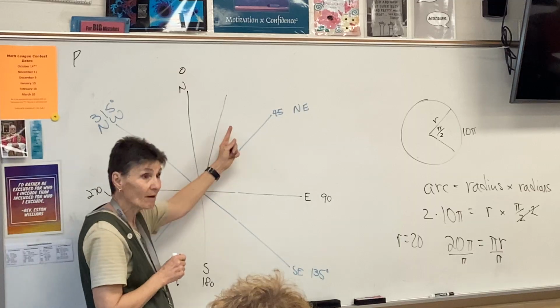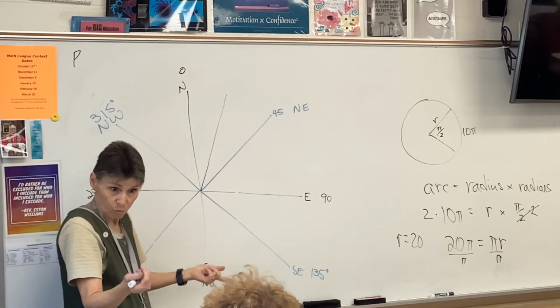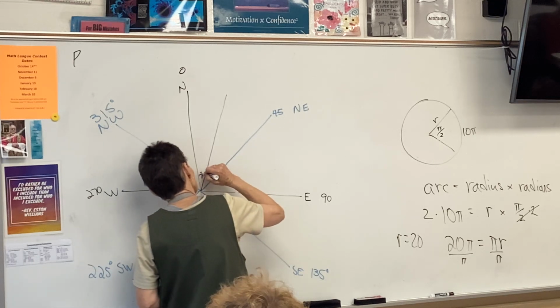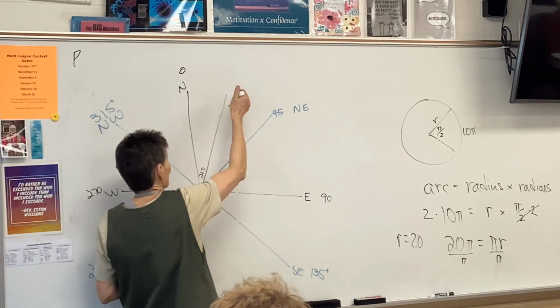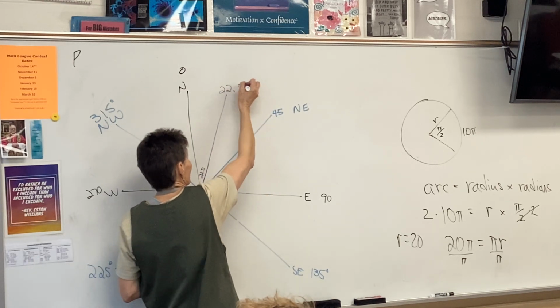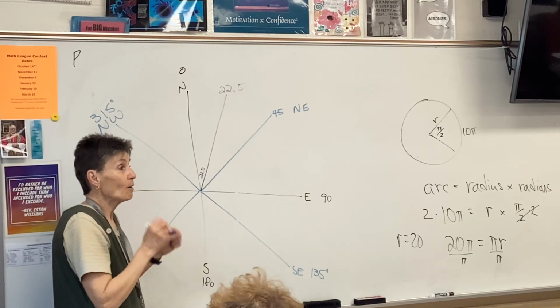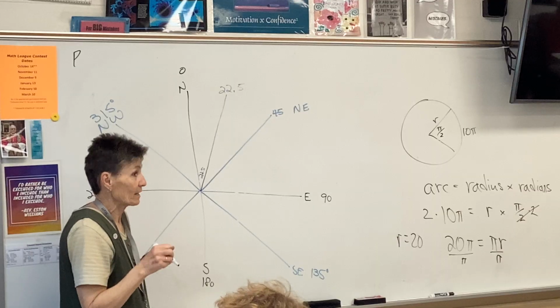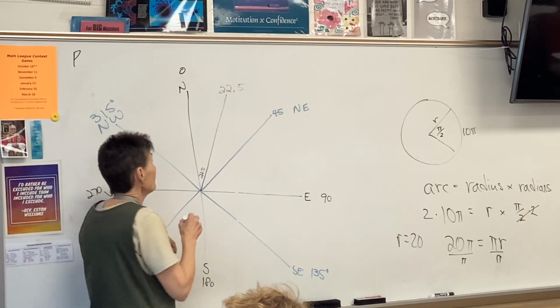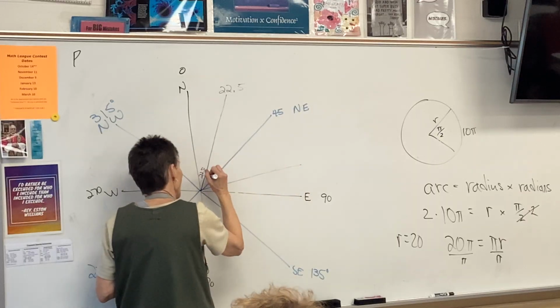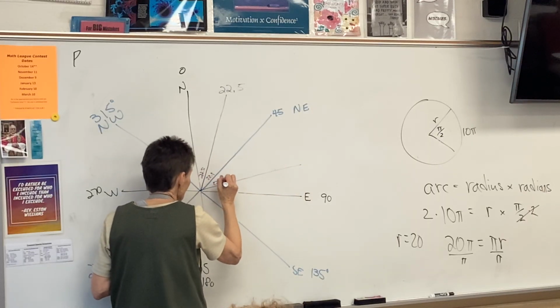I cut it in half. So 22.5. So this guy right here is 22.5. Now, how do I talk about that direction? Well, if I draw in that purple line and this purple line, these are all 22.5s, okay?